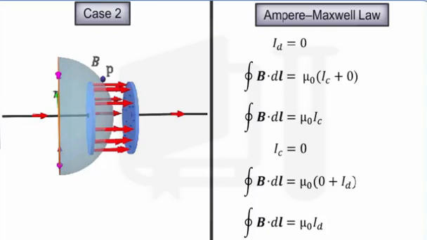Hence, the change in electric field with time can produce a magnetic field, and the change in magnetic field with time induces an electric field.